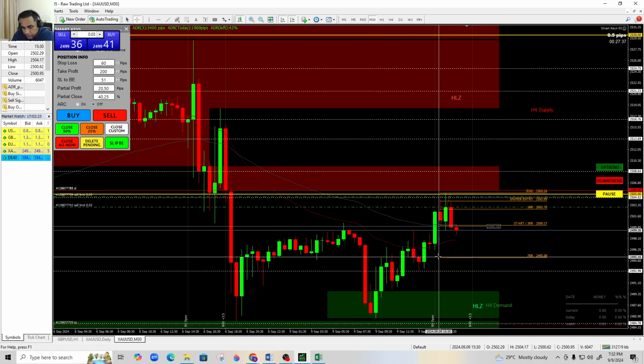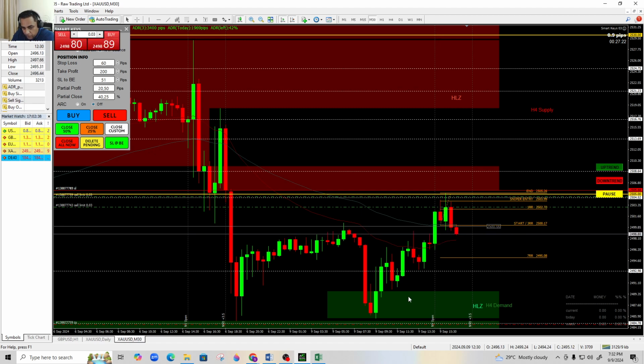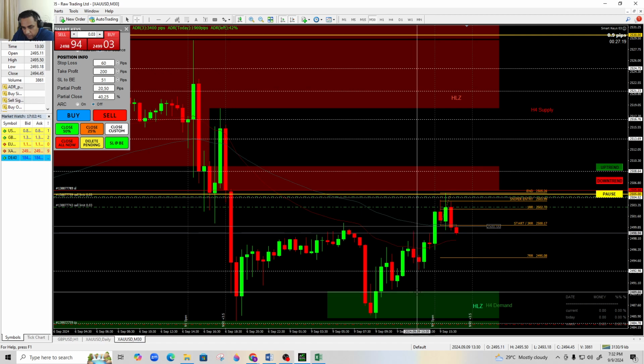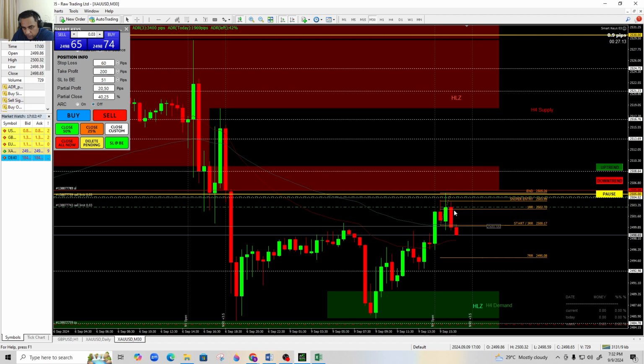Then here, 22 pips away. Then here, 51 pips away from the first point. And then finally here, the H4 demand zone, which is 78 pips away. So if we did get entry there, price had pushed up, then we would have been taking the trade all the way down to the H4 demand zone.